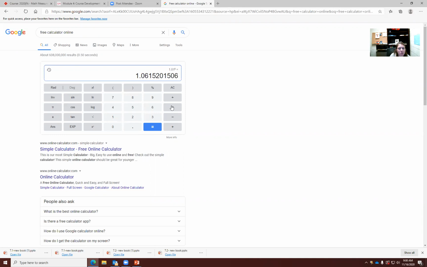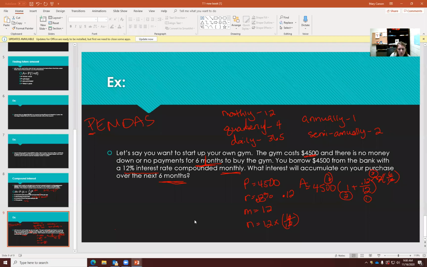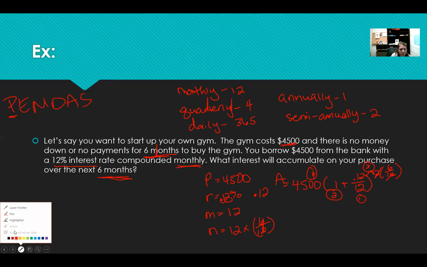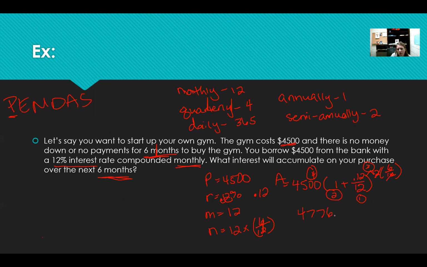And then the last thing we'll do is multiply it by the 4,500. And we get 4,776.84. Okay, so this is the total amount.